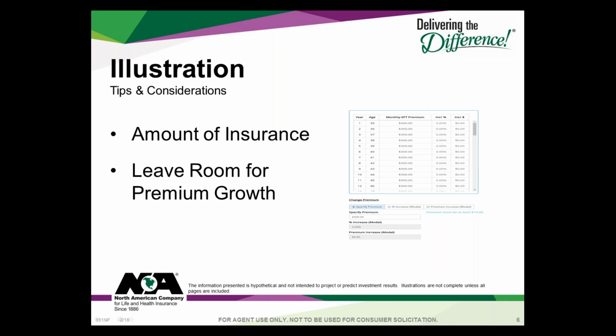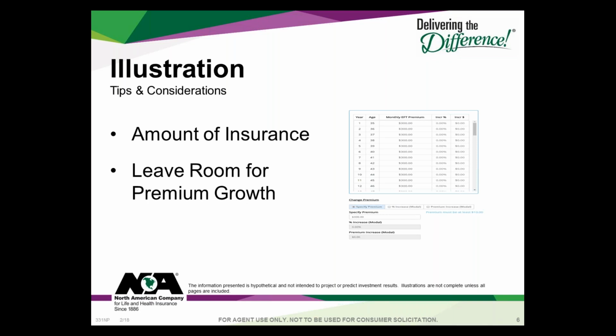And the other tip I would have on this is maybe just the idea of show both. Just run 2 illustrations. How much extra time does it take to run 2 illustrations instead of 1? So you run 1 illustration that you would have run. Maybe that's the level premium, $300 a month, in this example a 35-year-old, 35 to 65. Run that $300 a month for 30 years and then show the income stream.